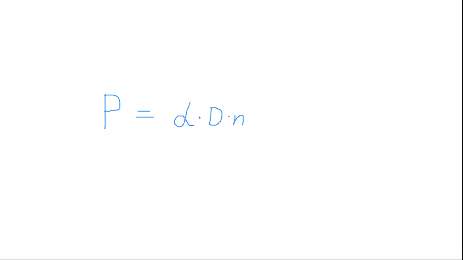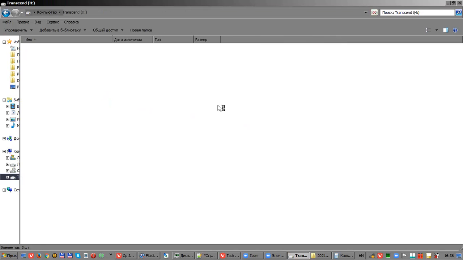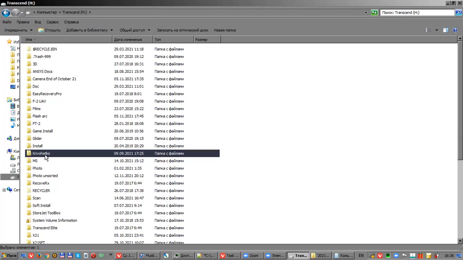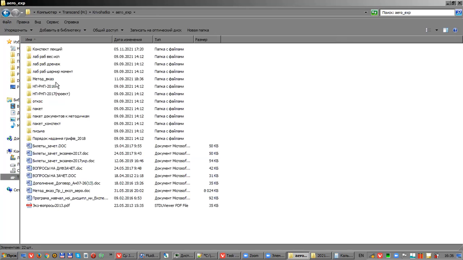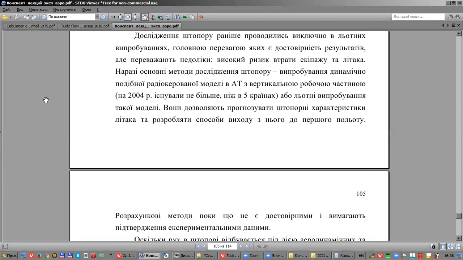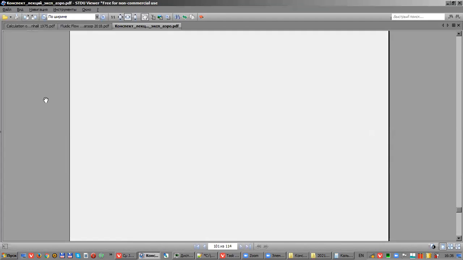And I have a PDF with the formula, because my memory is not so good, but the PDF. This. We need to find this formula.